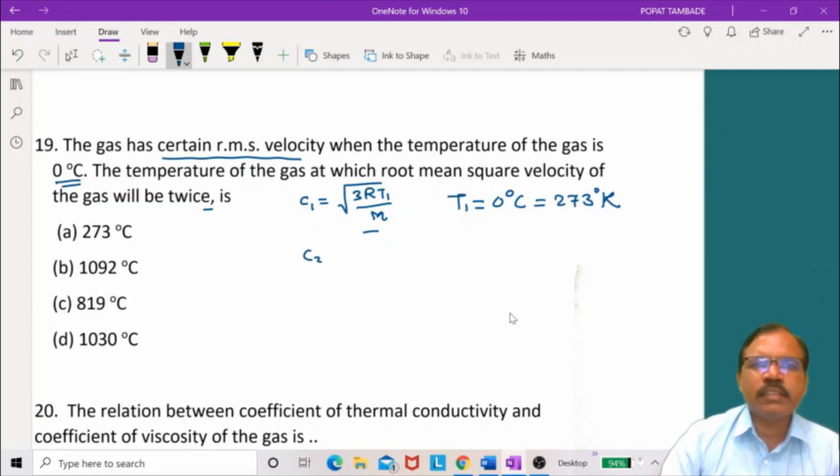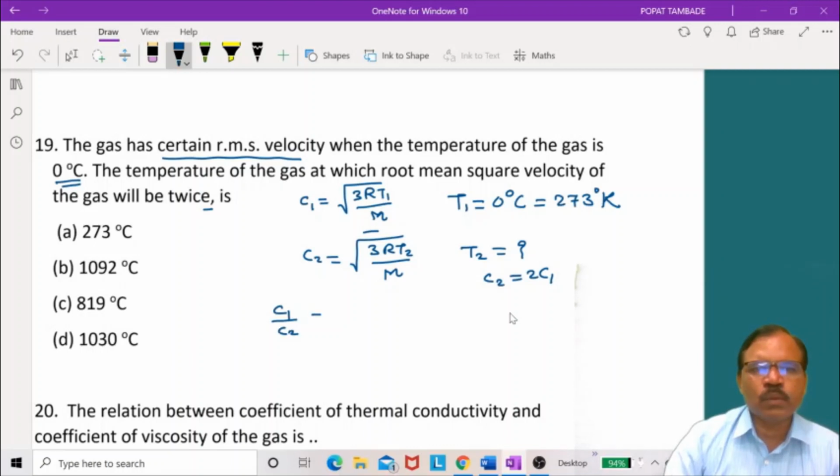And I can take C2, that is root of 3 R T2 upon M, and I have to find T2 for which C2 is 2 times C1. So C is proportional to root of T, so I will get C1 upon C2 is equal to root of T1 upon T2. So we will get C1 upon 2 C1 is equal to root of 273 by T2.